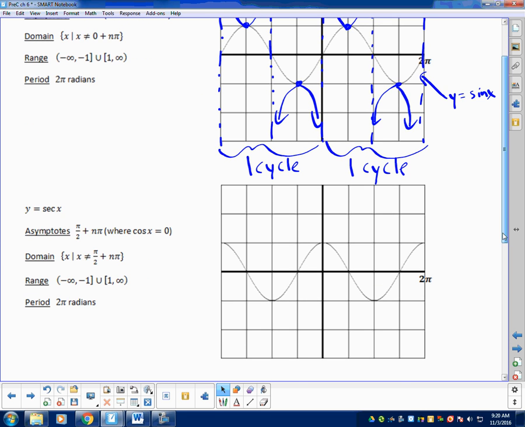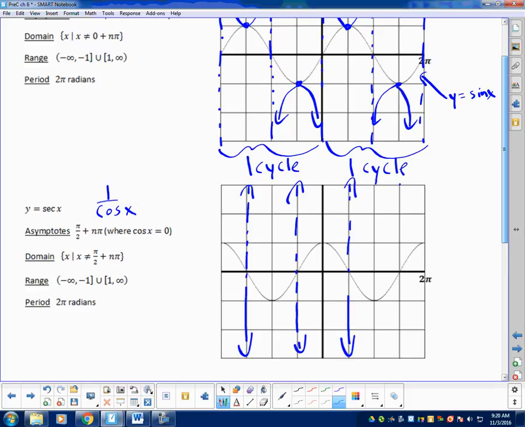What you'll see for the secant graph, because it's equal to 1 over cosine of x, is I have my very faint cosine curve here, and the asymptotes are going to be anywhere where I have a 0. So real easy to do, and of course the opposing parabolas, you're going to take off from the peaks and valleys of those.